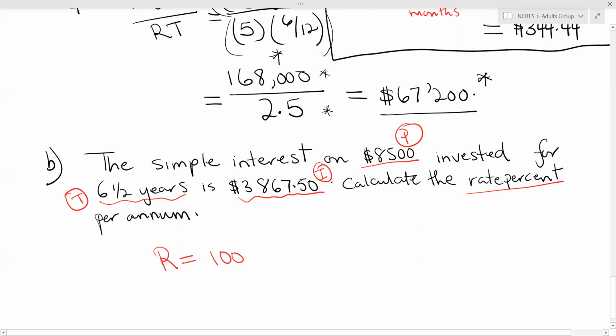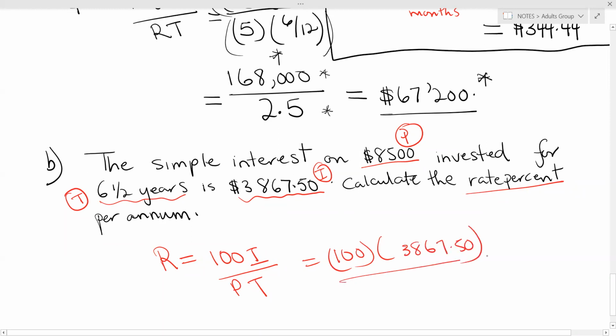Rate is equal to 100I over PT. So 100 by interest, which is 3867.50, all over principal, which is 8,500 multiplied by time. This is already in years, so we can put 6.5, right?